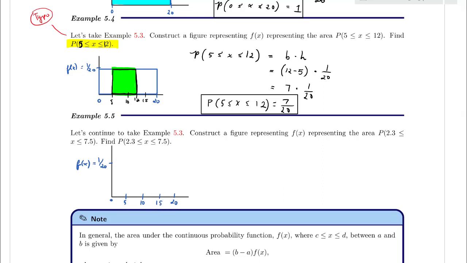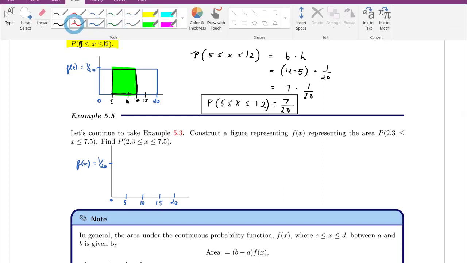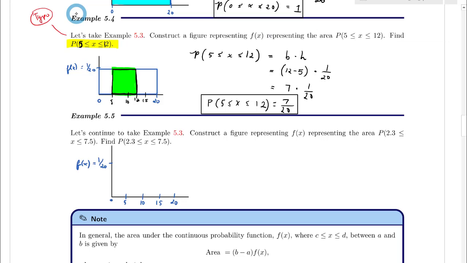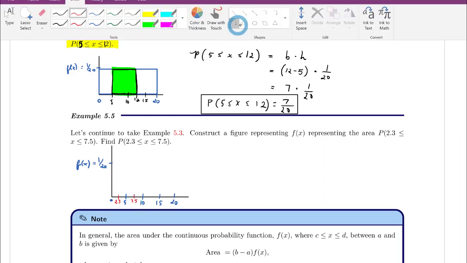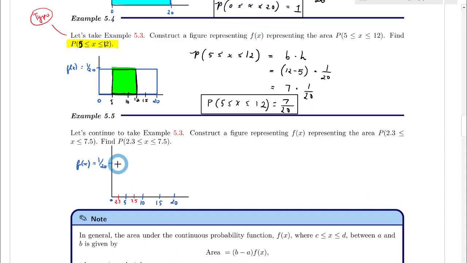So I'm going to use red here because 2.3 is a little before halfway here, and 7.5 is midway between 5 and 10. But yet the height is going to start here and do this.